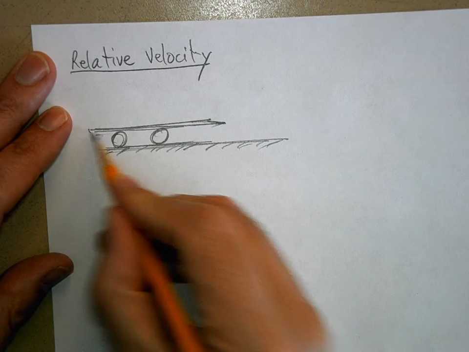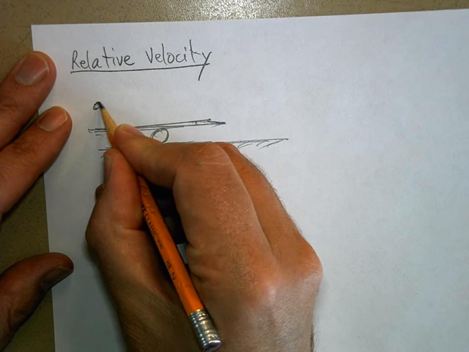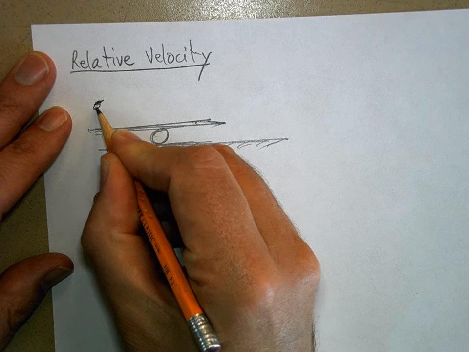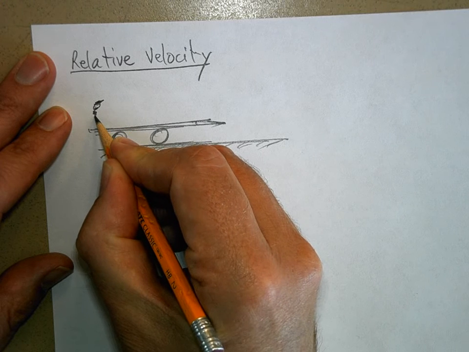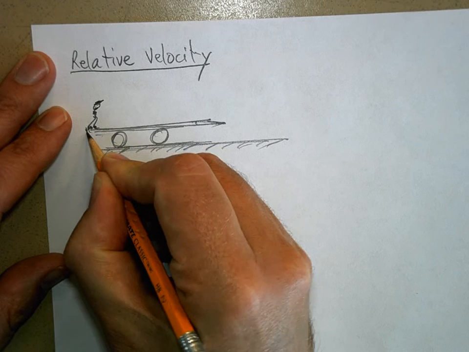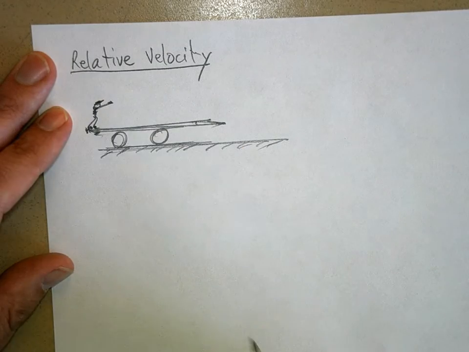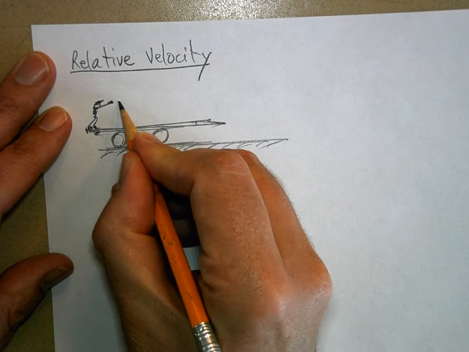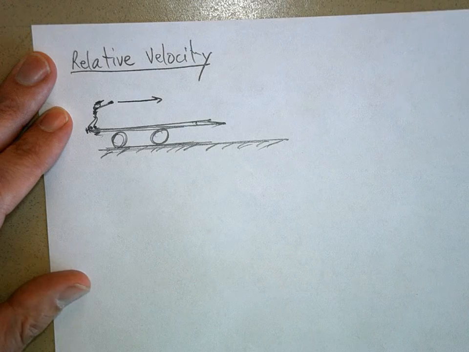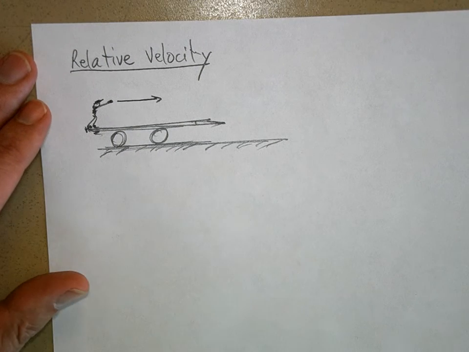And here's Garrett. Well, I'm not going to say this is Garrett because it's not going to do him justice, but he's standing on the edge of this train, and he throws a ball like this. So here's the ball coming out of his hand. Now let's ignore gravity for right now.